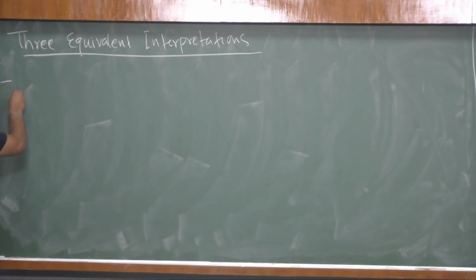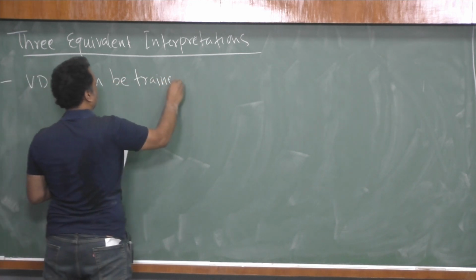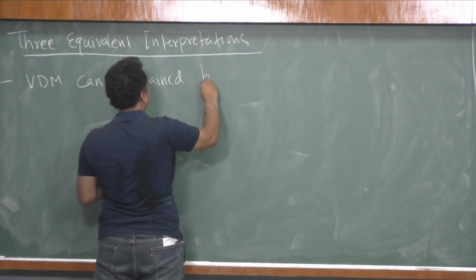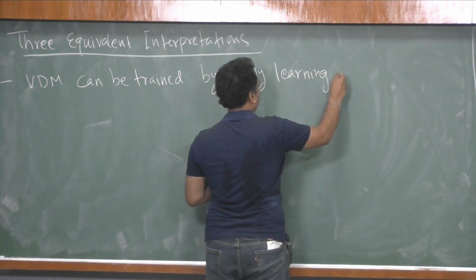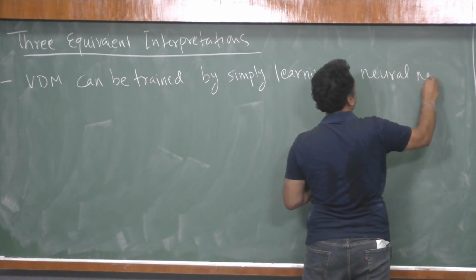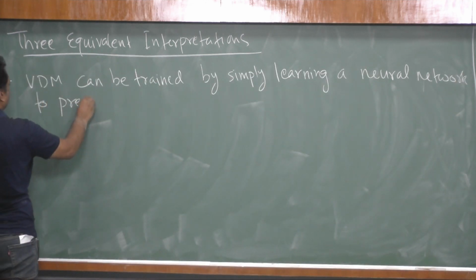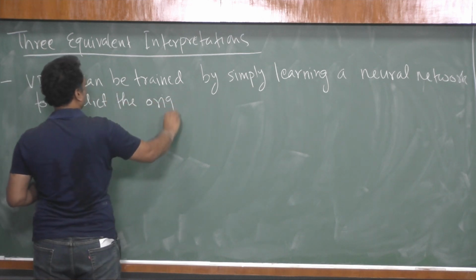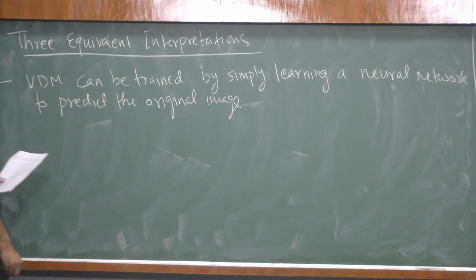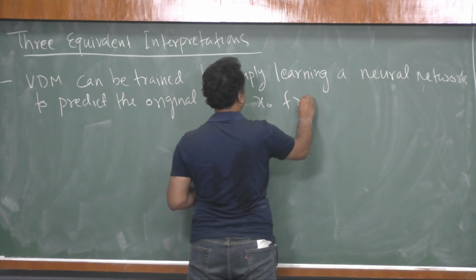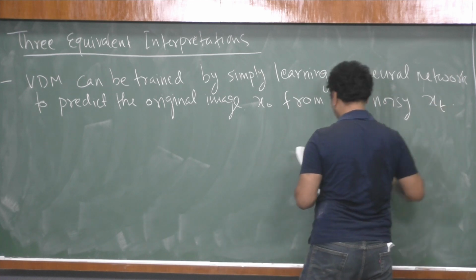What we recall is that the variational diffusion models can be trained by simply learning a neural network to predict the original image x naught from an arbitrary noisy image xt.